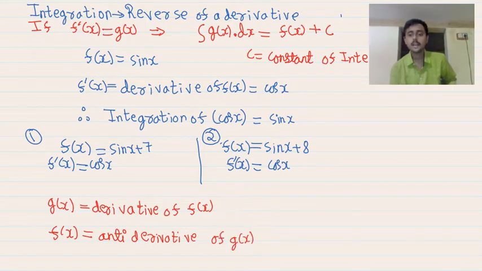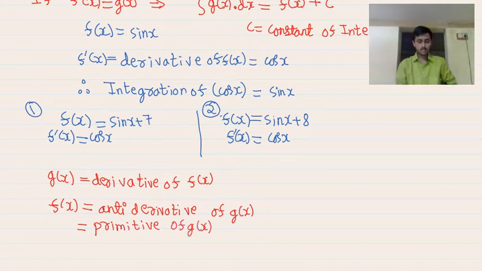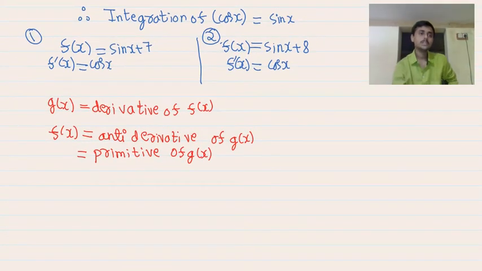This also has another name. It is also called by a very common name, which is known as primitive. Antiderivative can also be known as primitive. So we will call it primitive of g(x). I hope this is clear to you guys now.